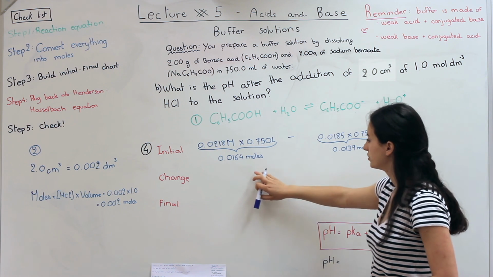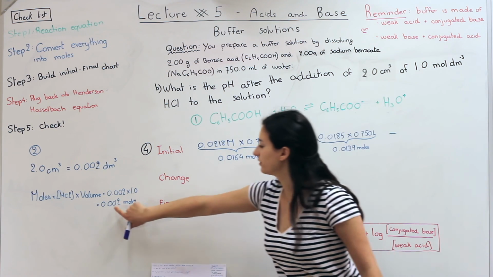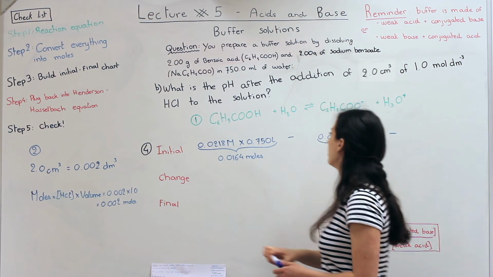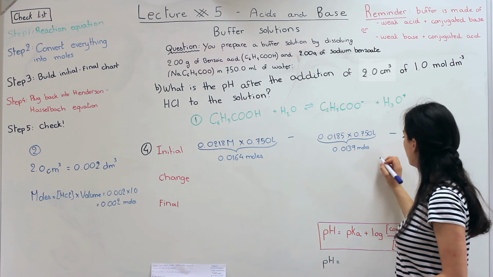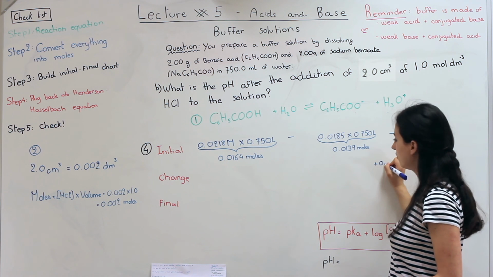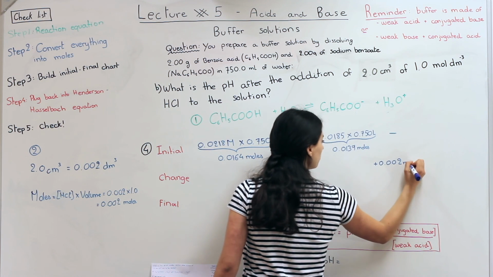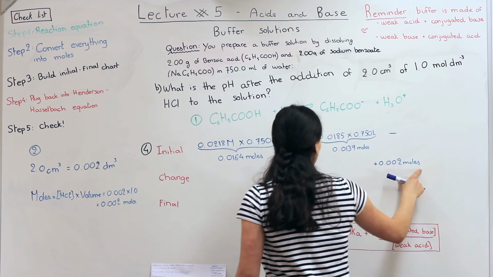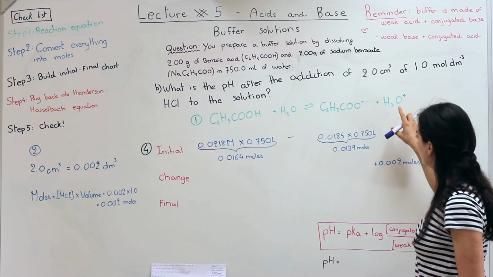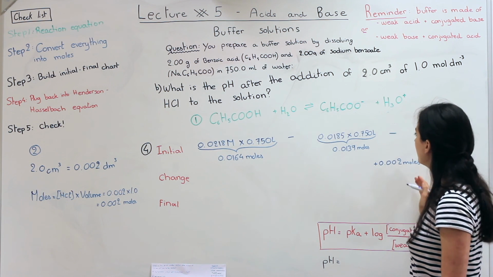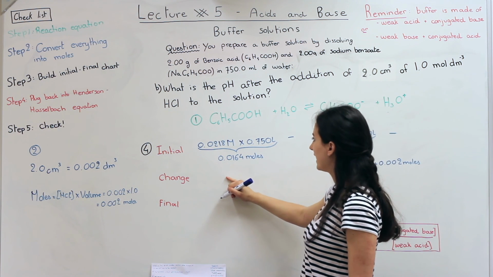So now for the change. Because we're adding an acid, we're adding 0.002 moles of HCl. We're going to increase the concentration of H3O+, so we're going to write plus 0.002 moles. Now, how the buffer works is that as you add H3O+, it's going to react with the weak base to form back into the acid.